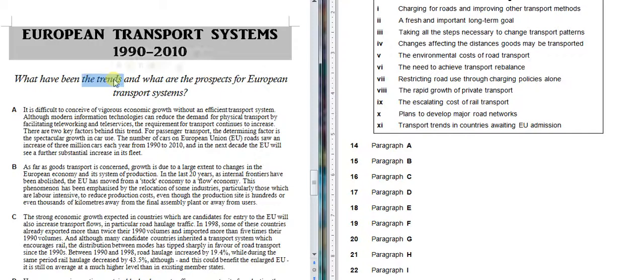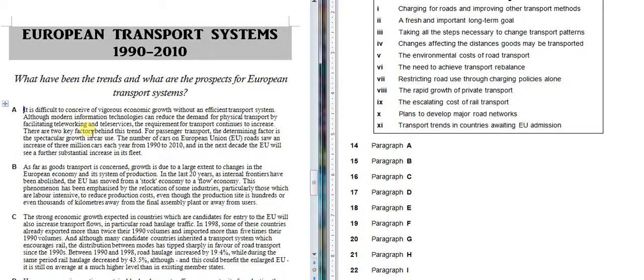What have been the trends, and what are the prospects for European transport systems? Okay? So, history and future. That helps us a lot. Now we know how the essay is organized in general. Okay? So, let's look through and see if we can give quick summaries for each one.